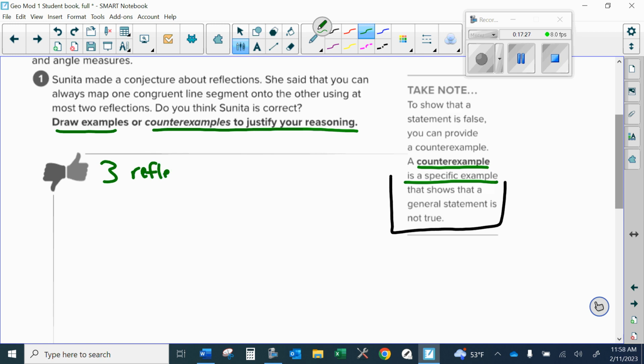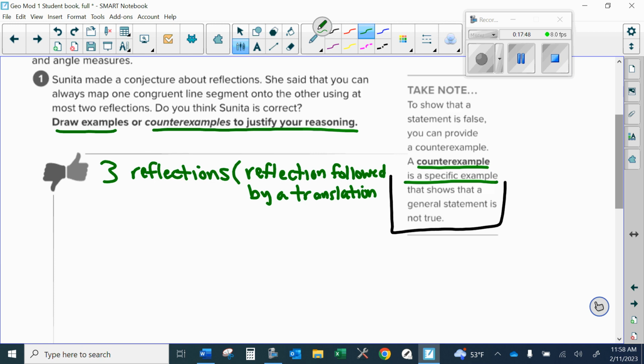It's called a glide reflection. 3 reflections, which is a single reflection followed by a translation. And remember, a translation is 2 reflections over parallel lines. So that took 1 reflection there, plus a translation was 2, for a total of 3 reflections. And that one is called a glide reflection.